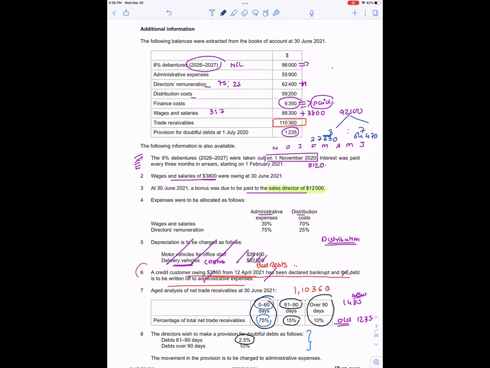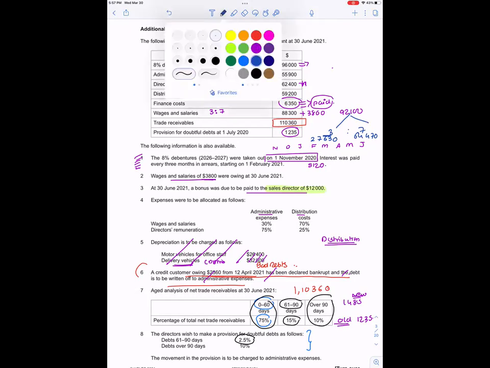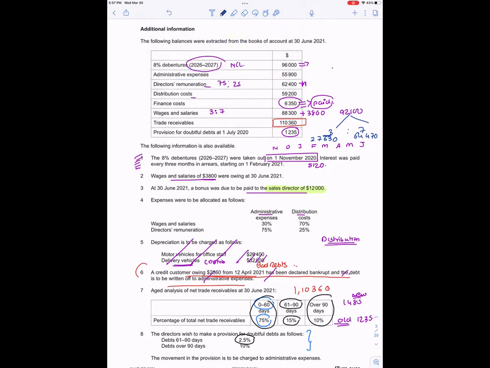There's information that said interest was paid every 3 months in arrears starting on 1st February 2021. So Feb, March, April, May, June, July.